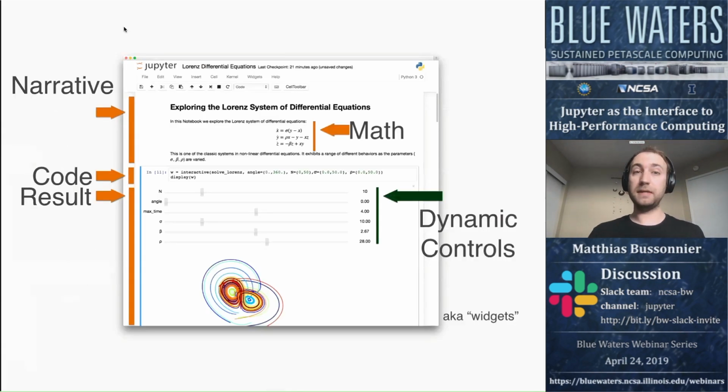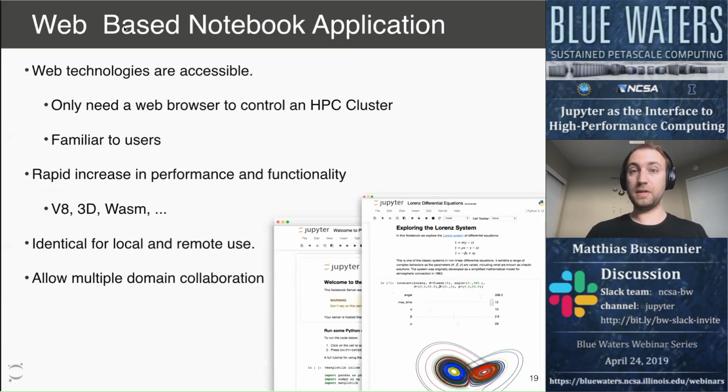So the notebook is based on web technology, which makes it really accessible, which means that for some people, you only need a web browser to control an HPC cluster. We have had people that use Jupyter on HPC systems from their iPad, which I wouldn't have guessed a couple of years ago. And the web is way less scary for users, especially for new users that want to use HPC systems.